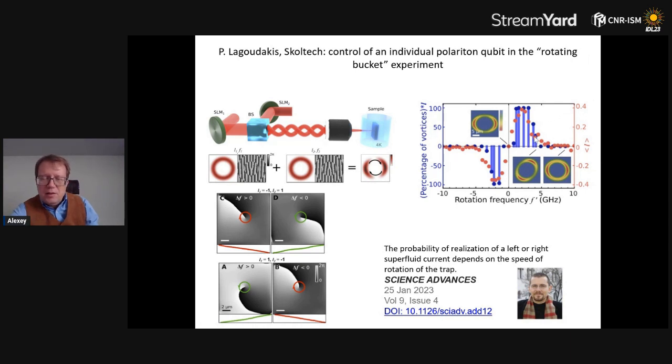And then really you can achieve 100% of cases, or almost 100% of cases, where the superfluid current would go, for example, clockwise. But if you change the direction of rotation to the opposite, then you will have 100% of anti-clockwise current. So this is a switch. You can control the state of your qubit.